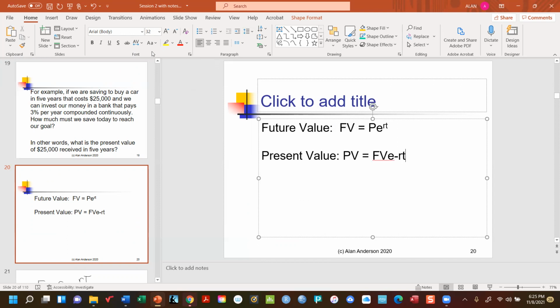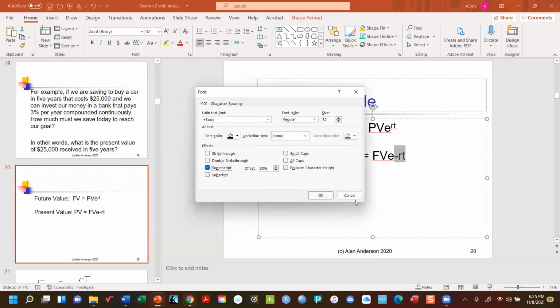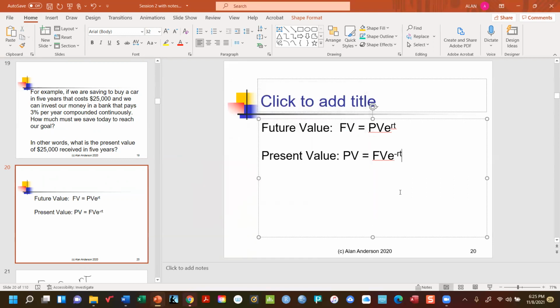Actually, you know what? Let me do this. Let me change this to PV, because PV is what we're saving today. So e to the minus rt. Okay, so those are just inverses of each other.